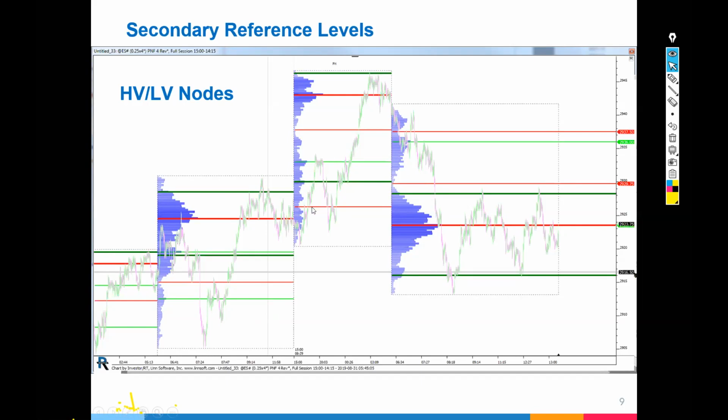This low volume node here was tested twice, and then on the second go around, it provided a level of support. But again, notice why I describe them as secondary. They're never as definitive and as critical as the information I get from a high or from a low or from the value area highs and lows. So if you want to take a look at them, do so, but do so with caution.